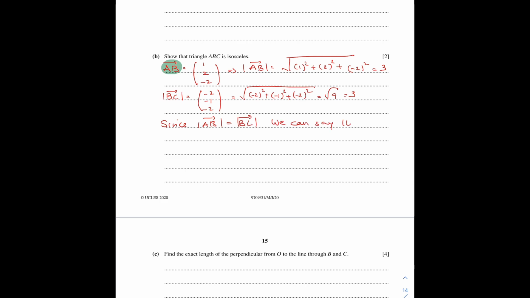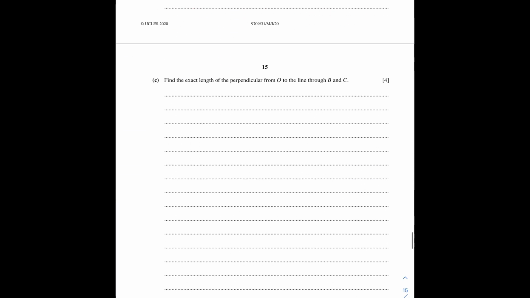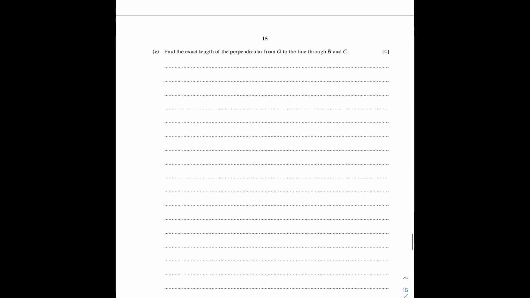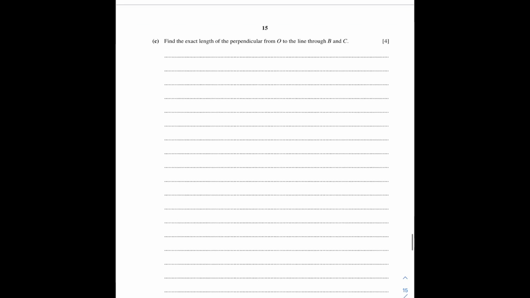Now since that's also 3, modulus of AB is the same as modulus of BC. We can say that triangle ABC is an isosceles triangle.